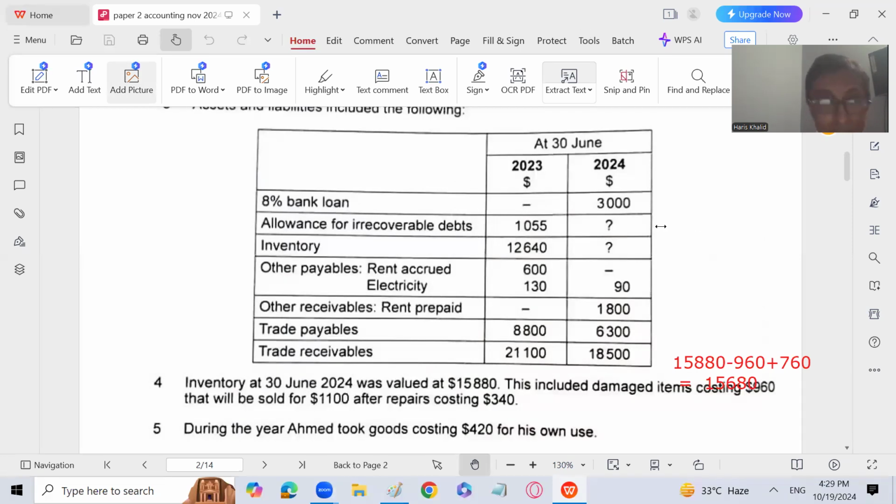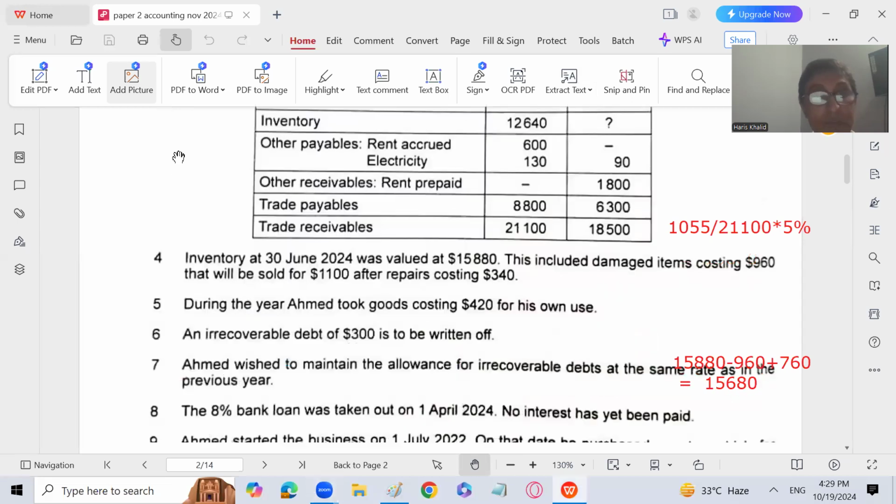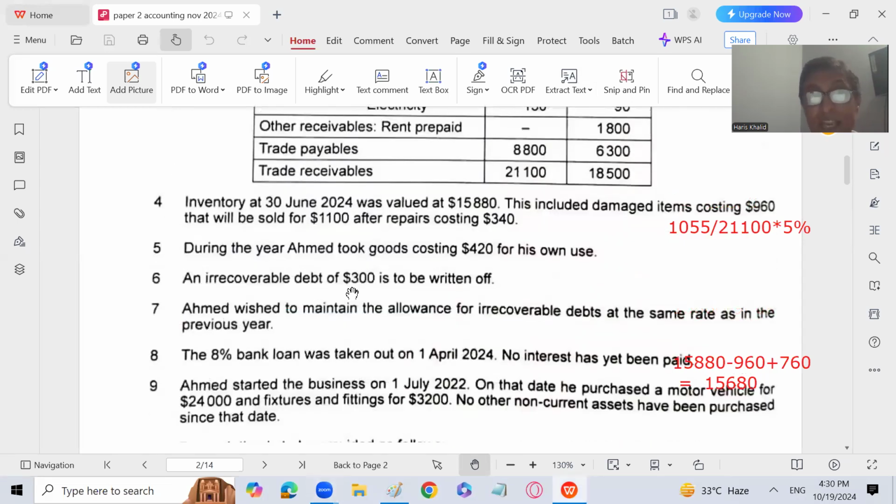So 5% is the percentage of allowance for irrecoverable debts which is going to be used for this year also. The same percentage on trade receivables will be used for this year. But having said this, you have to subtract the bad debts of 300 first before calculating the provision of 5%.